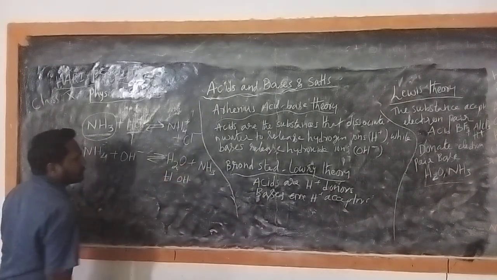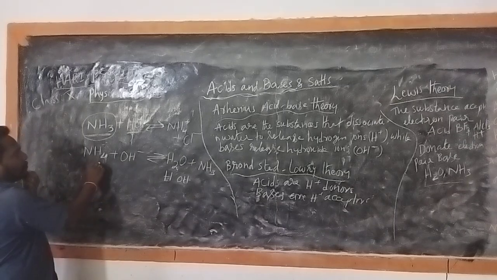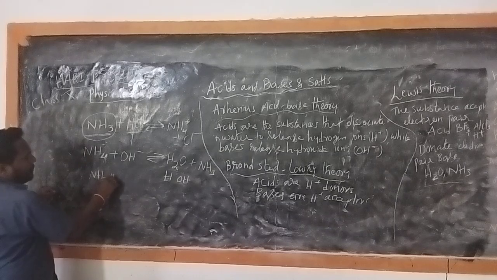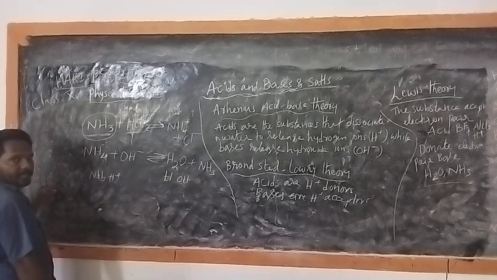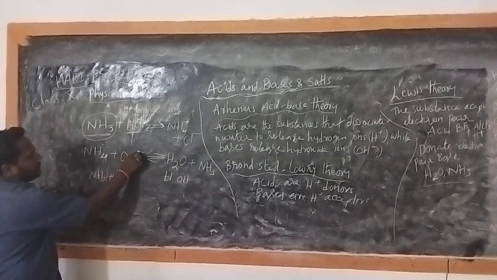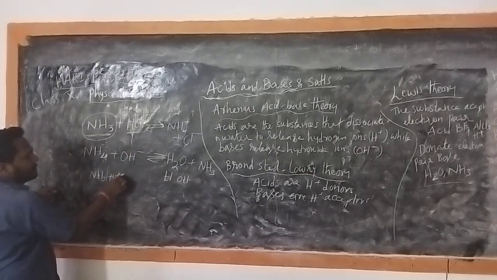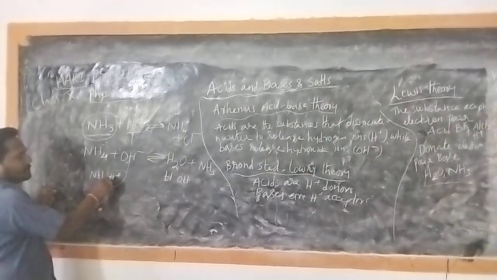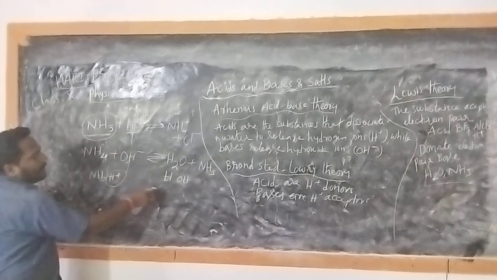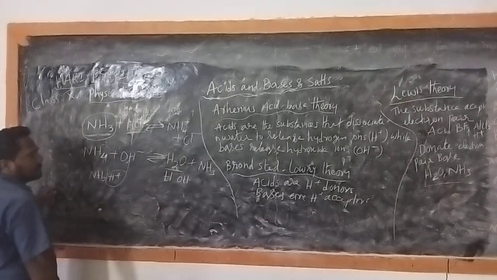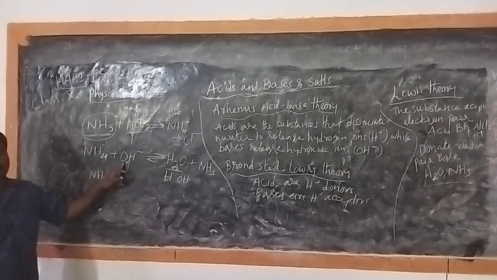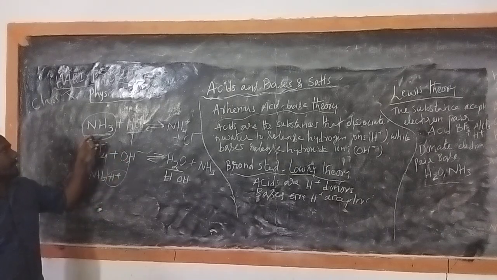Here OH minus accepts this H plus and forms water, so OH minus acts as a base. NH3 acts as a base, HCl acts as an acid, and the ammonium ion acts as an acid.